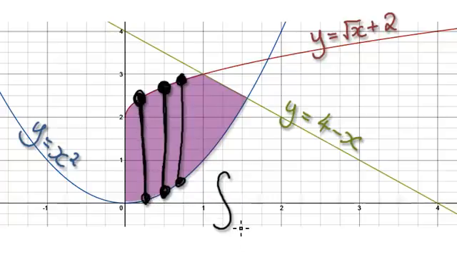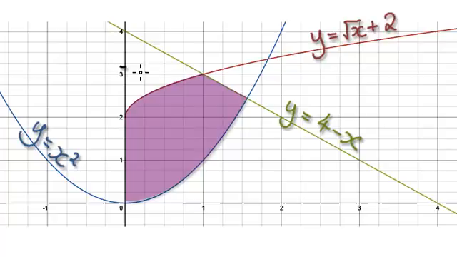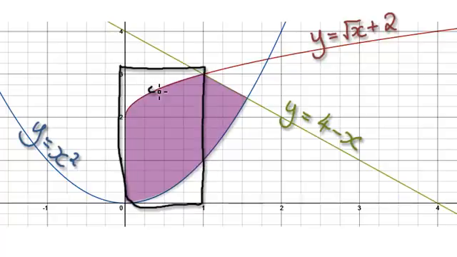So as we integrate from 0 to this point, it's going to be red line take away blue line, and then dx. In this region, it will be the red line take away the blue line.